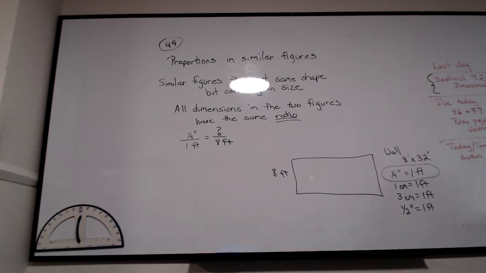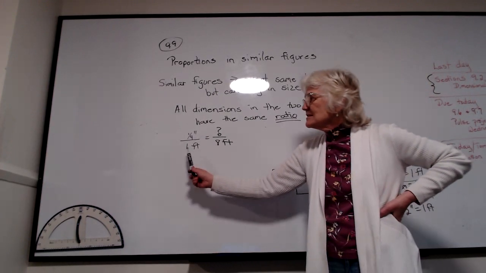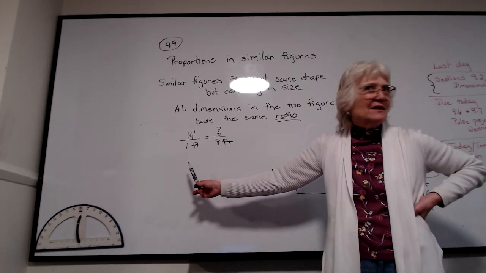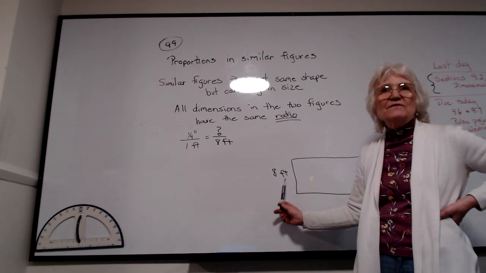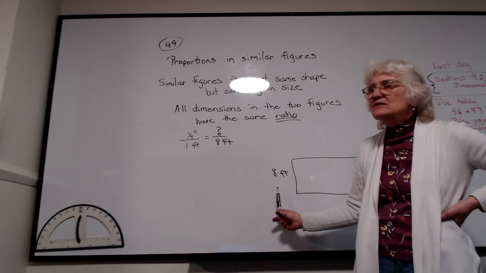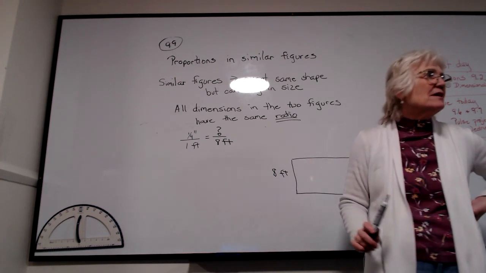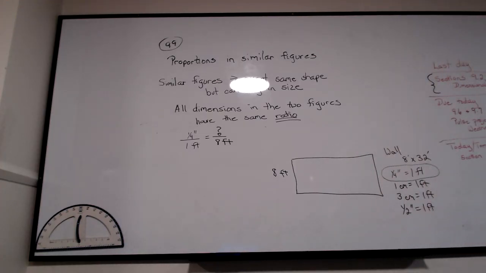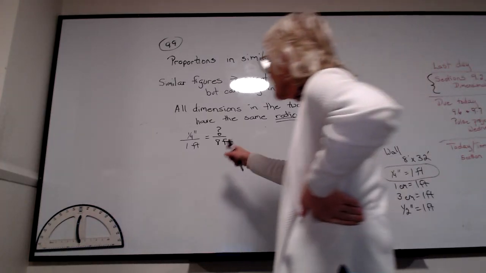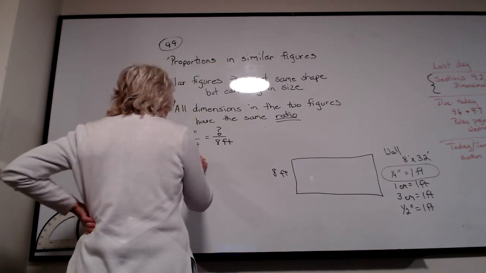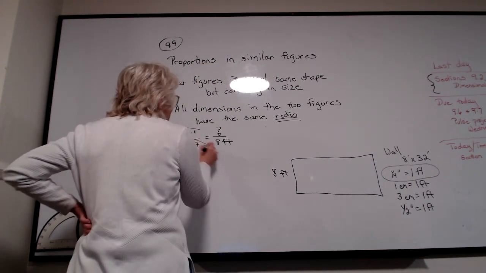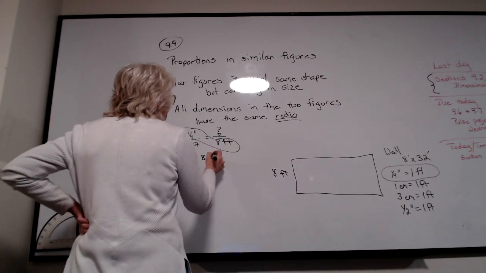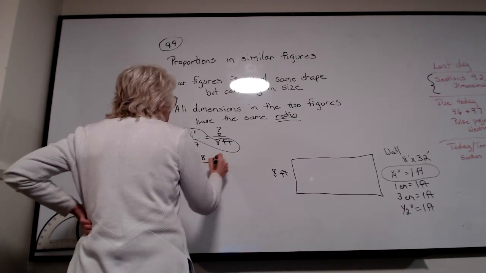Here's my rate. 1/4 inch is the same as 1 foot. I know that my wall is 8 feet. So on my paper, how big am I going to make it? 2 inches, but we're just going to do the math. We take 1/4 times 8, because we're multiplying across, and then divide by 1.